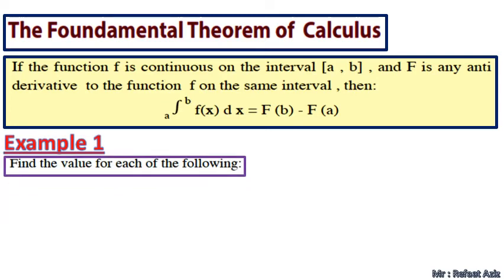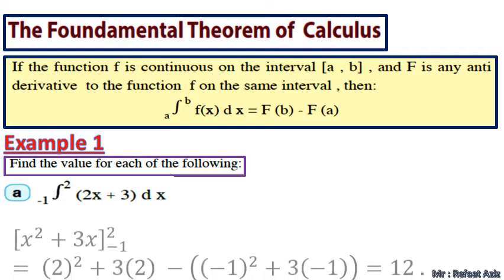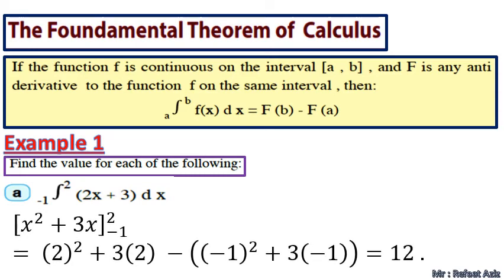Example 1. Find the value of each of the following. The integral from -1 to 2 of (2x + 3) dx. Do you remember the integration? Yes. The integral of 2x is 2x squared divided by 2, then x squared. 3 is 3x, from -1 to 2.